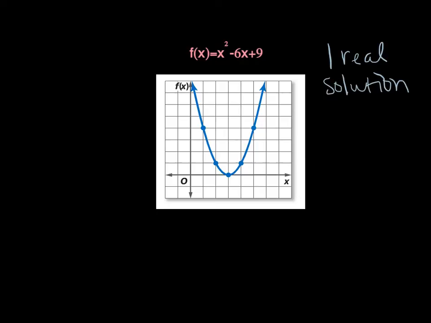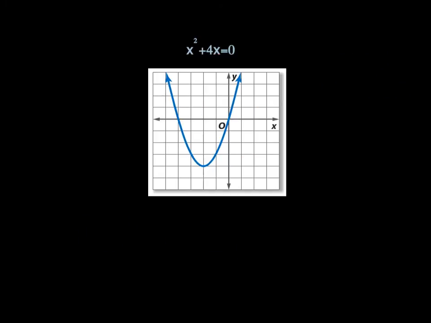And if we look at where it is, if this is x equals 0, we got 1, 2, 3, where x equals 3, right? So if we write our solution in our set notation, we have a set of x such that x equals 3. And that's our solution. There's only one zero, one real solution, and it's 3.